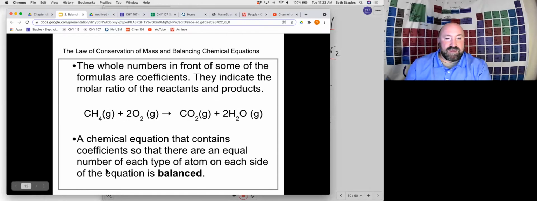So we can see in this case, now that this one is balanced, we have 1 carbon over here, 1 carbon over here. 4 hydrogens on our reactant side, 4 hydrogens total on our product side. 4 oxygens on our reactant side, 1, 2, 3, 4 oxygens on our product side. So this is now a balanced equation.